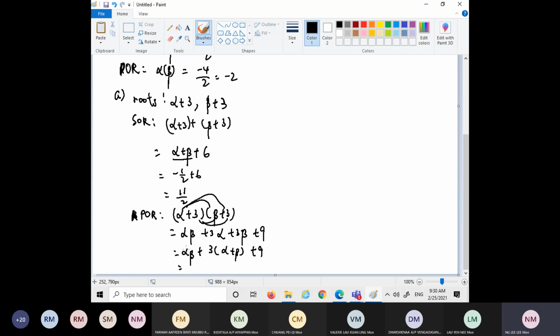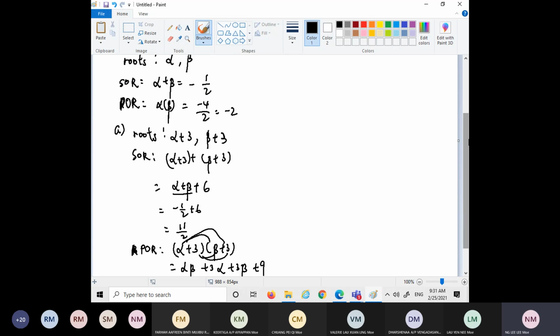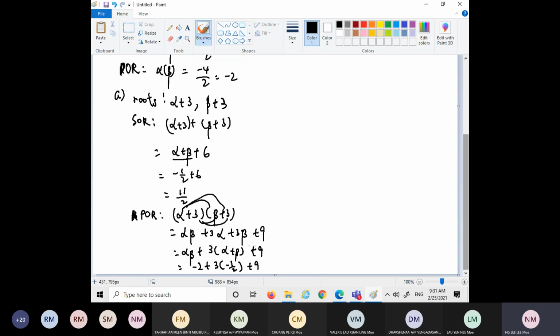Now you can substitute: alpha beta is negative 2, and alpha plus beta is negative 1 over 2, plus 9. I get these from up here. Then calculate, and I should get the same thing, 11 over 2.